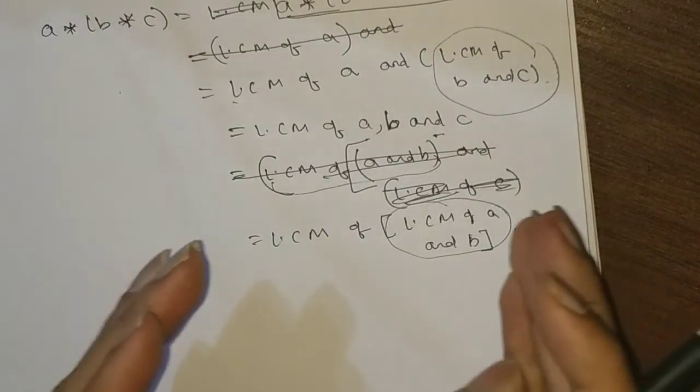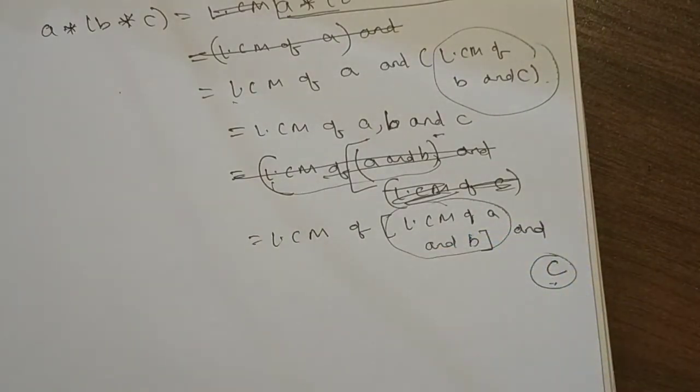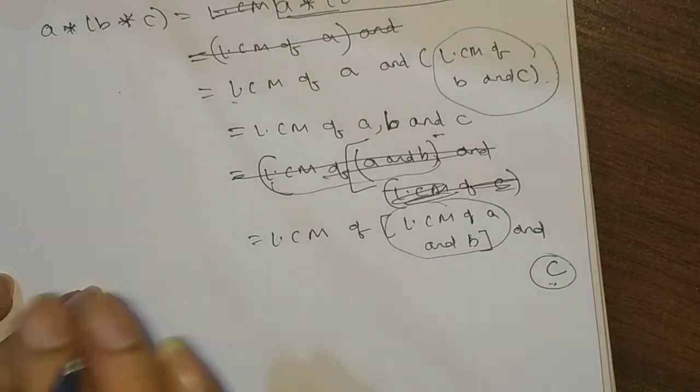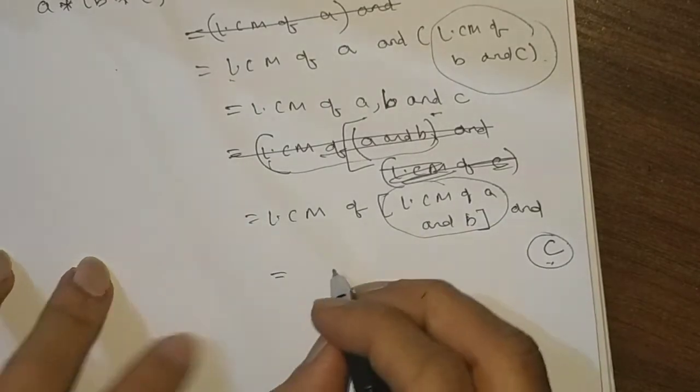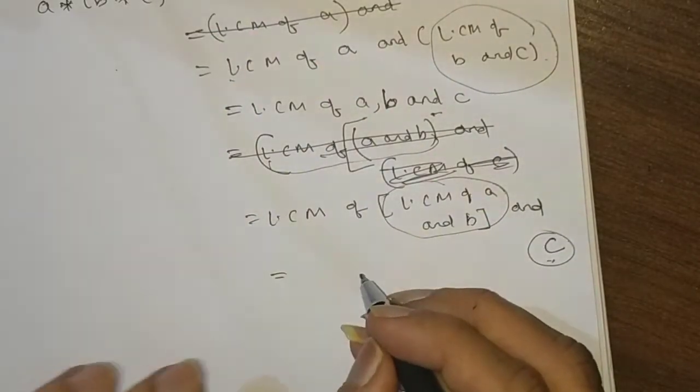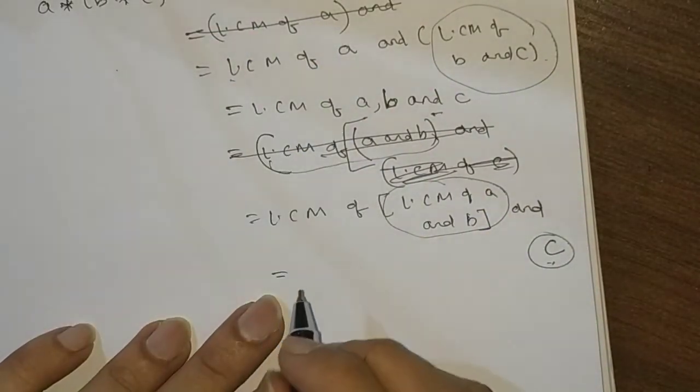Even if you take the LCM of the first two numbers, you will get a number, and then the LCM of that number with the third number. So all these will be equal, in any order you can take. You have also studied that in the 10th standard, by looking at the formula.